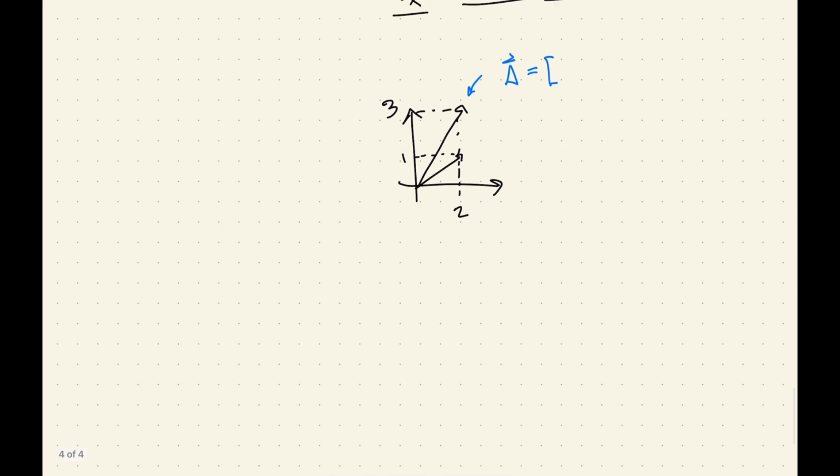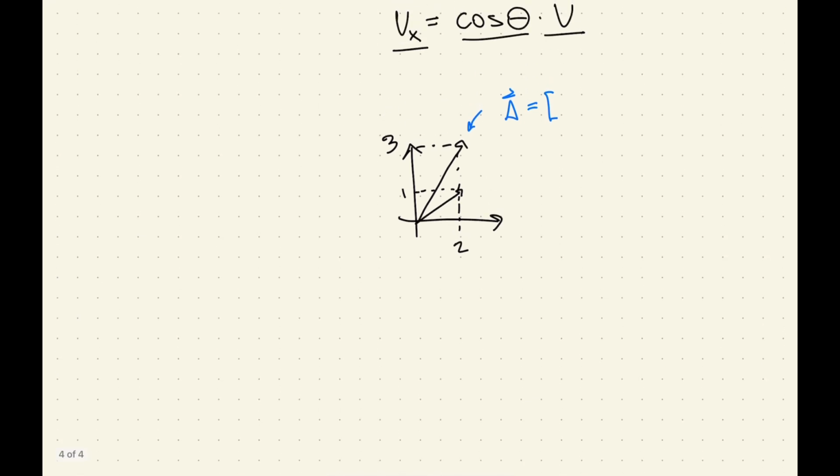So let's say we had a vector which is over here at 2 and 1, and another vector that is also at 2 and 3. So this vector, let's call it A. This vector can be written as x comma y. So we could do 2 comma 3.